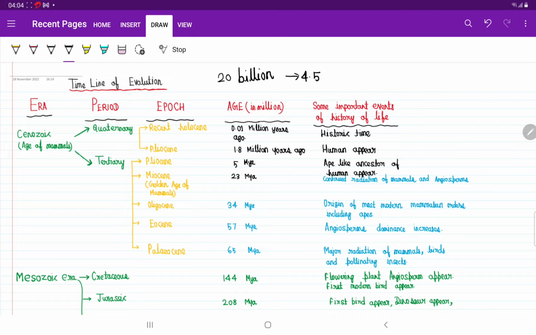Now, when our Earth originated, from the very start the situation of Earth was not hospitable for life here. The temperature was too high, and it was not favorable for the survival of any kind of organism. So, from 4.5 billion years ago, for 0.5 billion years only weathering of the Earth happened.